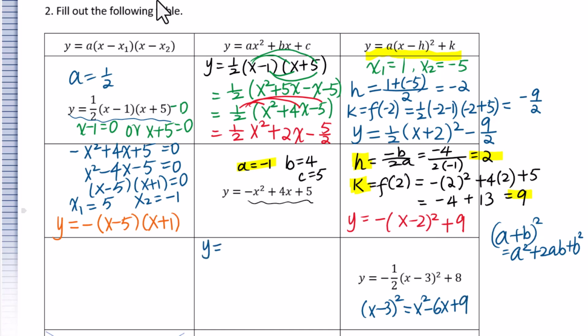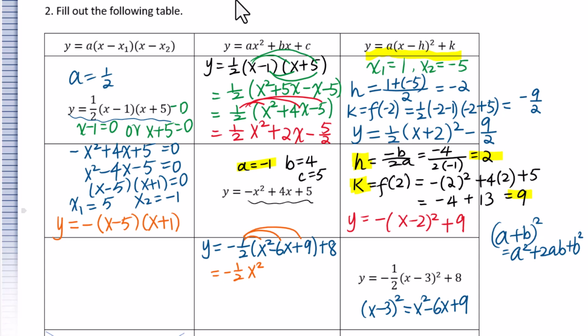So we have y equals negative 1/2 times (x squared minus 6x plus 9) plus 8 equals negative 1/2 x squared.